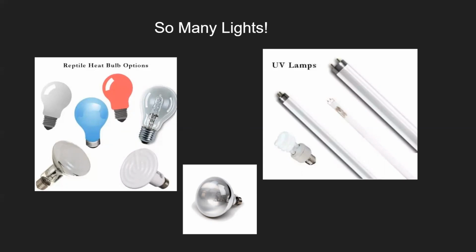So we use those at nighttime, and we think it's cool because we can see them and they can't see the light. Well, for most reptiles, that is not true. So if you do use a red light bulb, use it in the day, but don't use it at nighttime. It's still giving them a part of the spectrum that they can visibly see. So you're still giving them daylight at nighttime, and it's not good for them. So that's just a little side note.